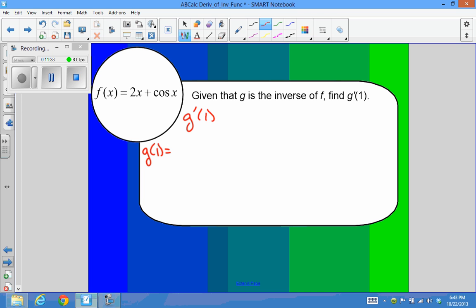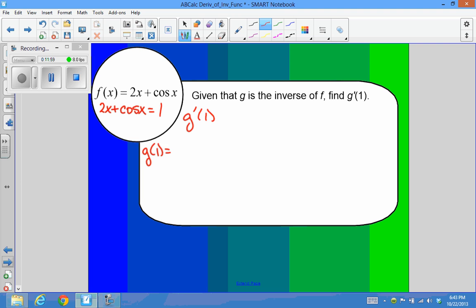If 1 is in the domain of the inverse, it had to have been in the range of the original function. So 2x plus cosine x had to have been 1. Well, great. Where is that going to happen? I mean, we're maybe at a loss on that one?